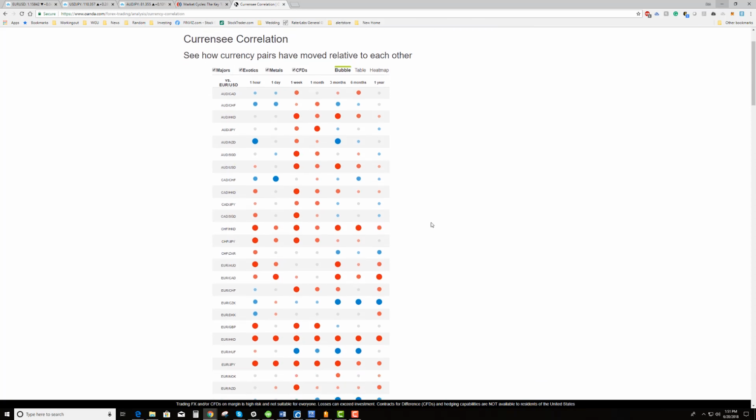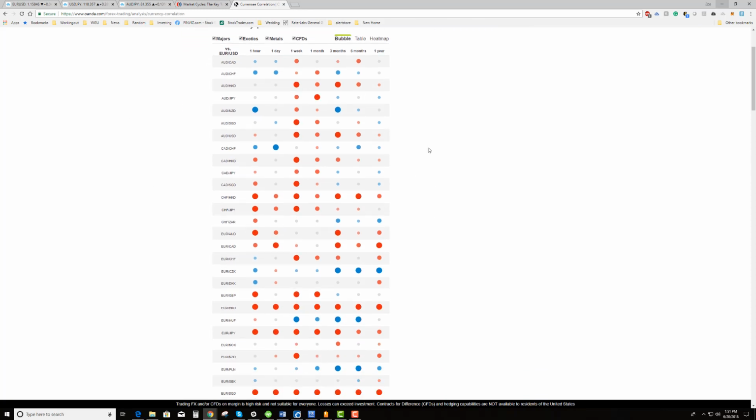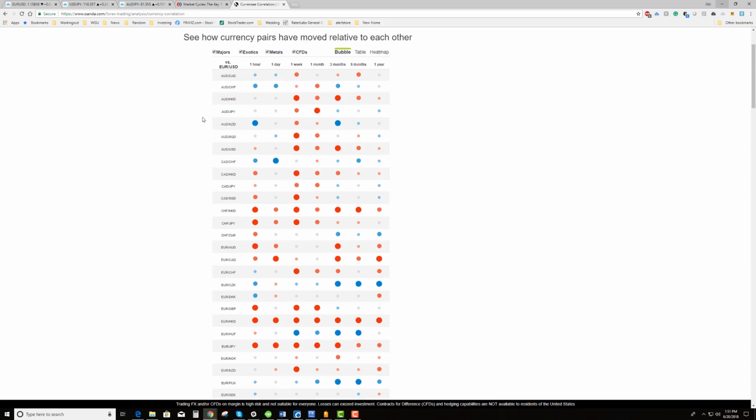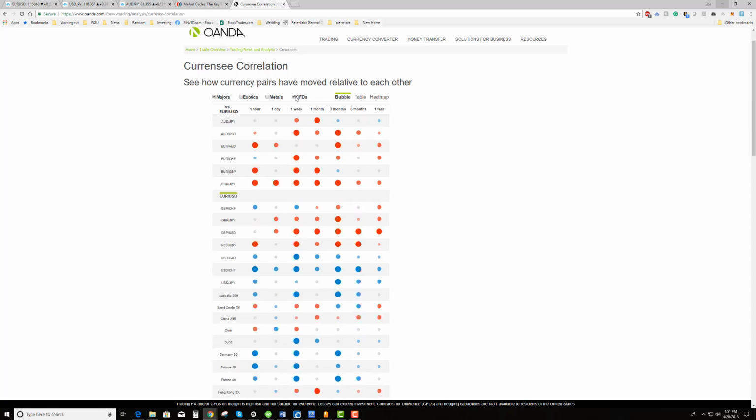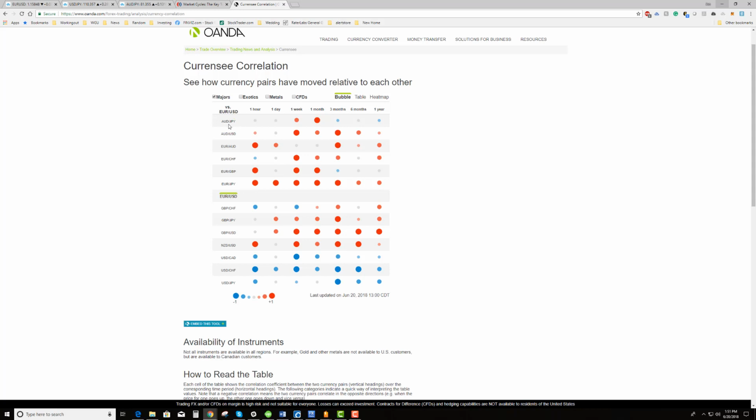And if you don't like to cycle through all that, there's a great website, Oanda. They have a heat map of the correlation between the pairs. So if we want to see what the correlation between the euro and the Aussie dollar is, we can see that on a 1 week basis, the euro dollar and the Aussie dollar US dollar pair have a high correlation with one another.